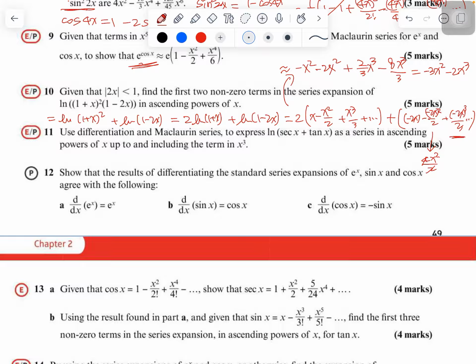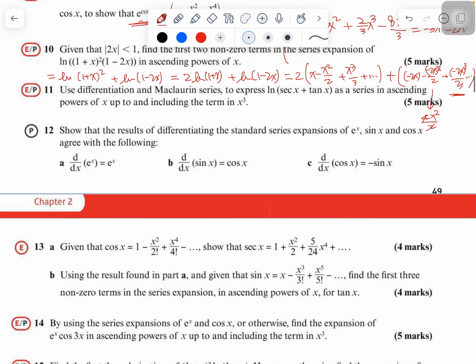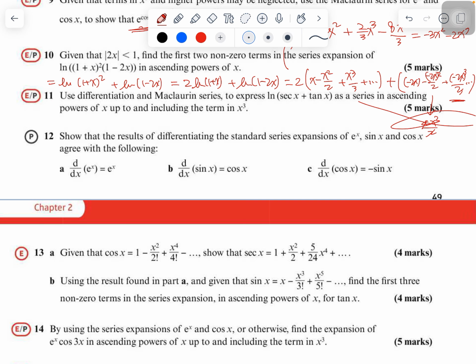And number 11. Ascending power of x up to, okay, so this one we need to really calculate it. So let's do that. Number 11: ln of secant x plus tangent x. So let's find the first derivative. Let's call this y.